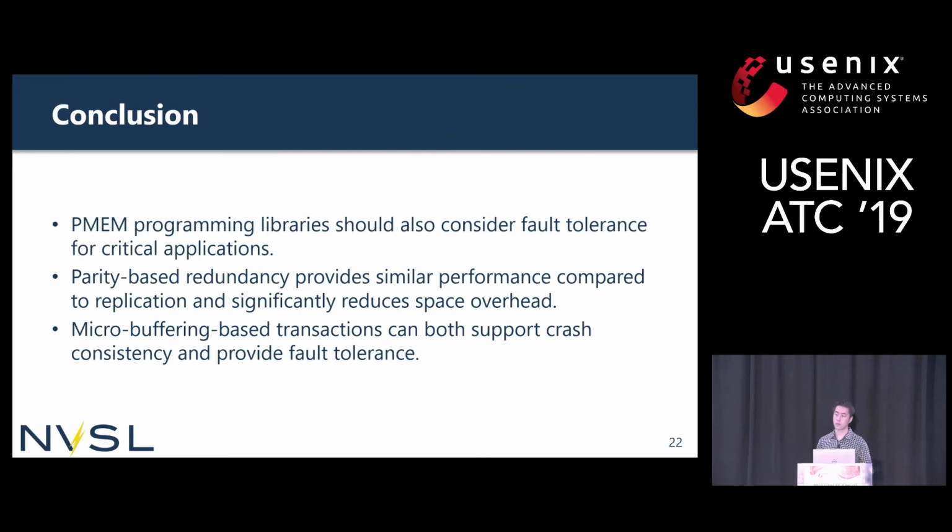For very small transactions, do you know if the Intel transactional memory support runs on this hardware? And did you compare that with what you did? Intel's transactional memory, right? It doesn't work out of the box, because that works at the cache level, so it doesn't handle persistence. You can modify a cache line using those transaction instructions, but it doesn't guarantee crash consistency.